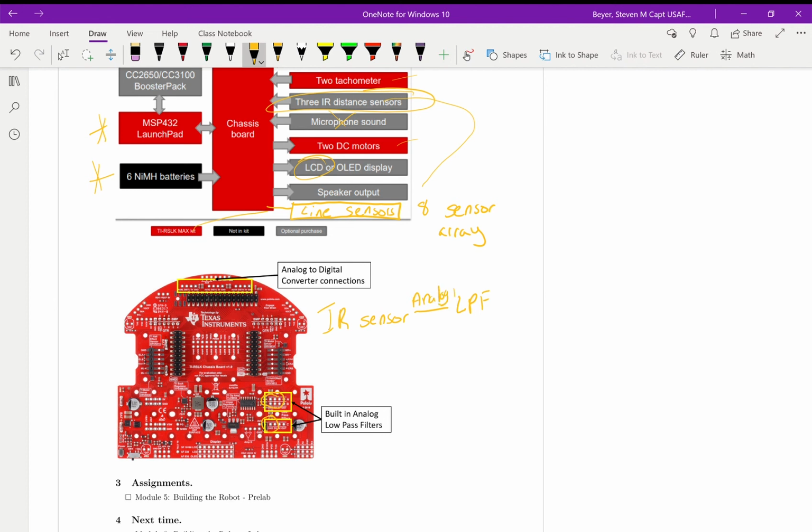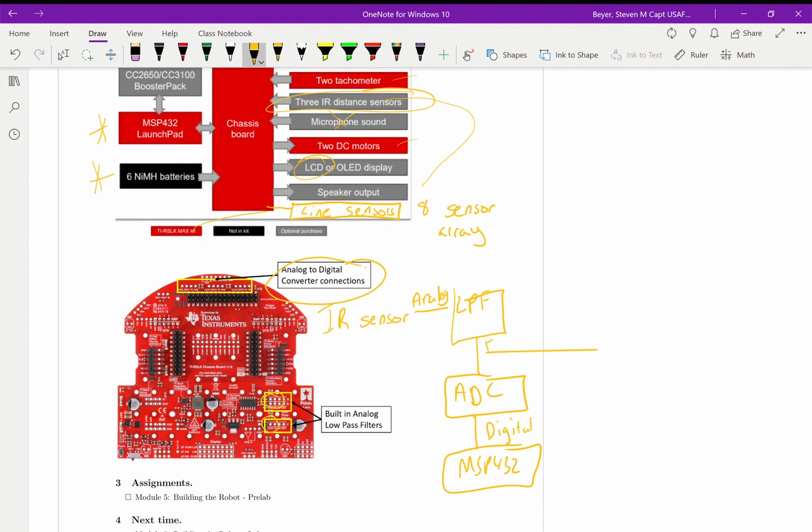And there's a built-in low pass filter on the board, which is really nice. That allows us to get a really nice clean signal before we convert it to digital. So that's going to then go into our analog to digital converter. And then that digital signal is going to go to the MSP432.